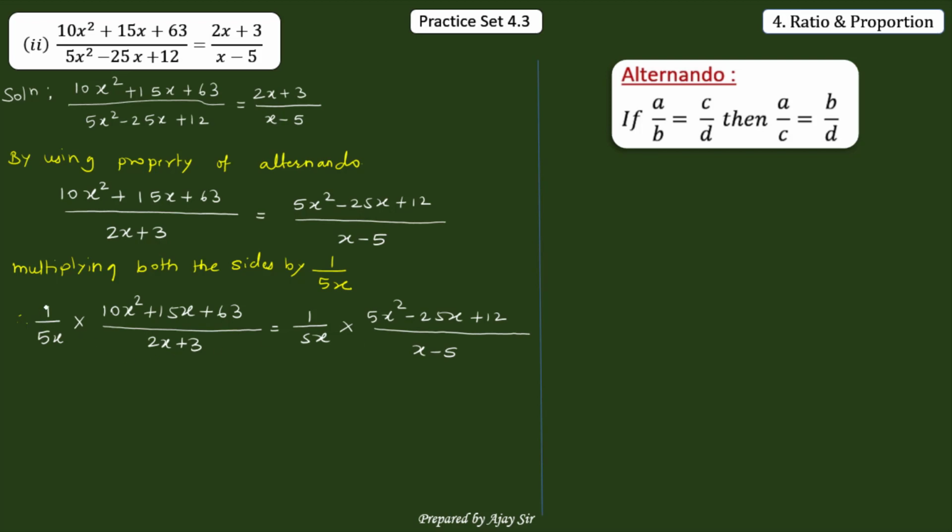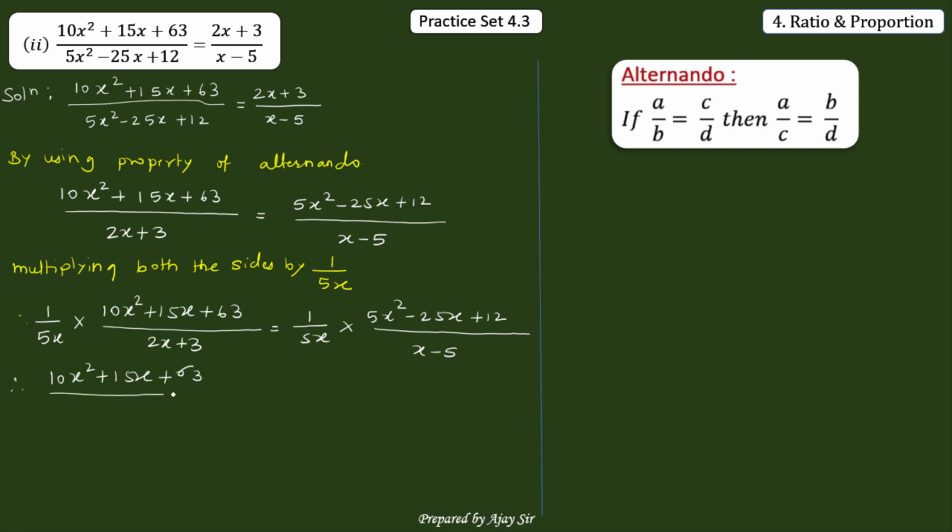Now the numerator you have to multiply by 1, and the denominator you have to multiply by 5x to all the terms. If you multiply 1 to the numerator, then that numerator remains as it is. Similarly, if you multiply 1 to the numerator, that same term remains as it is. But the denominator, if you multiply by 5x, then you have to multiply it to both the terms separately. So the numerator is as it is, x² + 15x + 63.